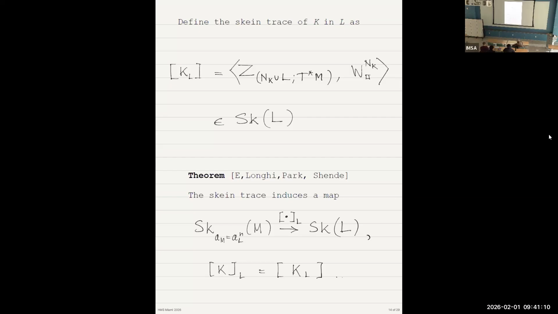That's the first element in this basis, and I'm taking the coefficient of that. That gives me some element in the Skein of L, and the main theorem in this business that we proved with Longhi, Park, and Schrader is that this rule induces a map from the Skein of M to the Skein of L.